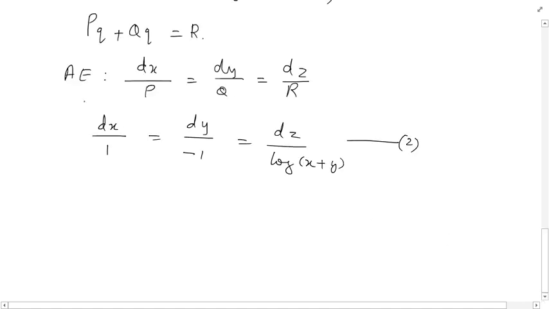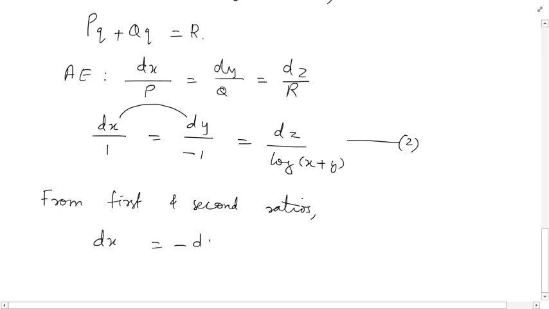For that, you find out any two ratios. So you can see that from the first and second ratio, we have dx is equal to minus dy.